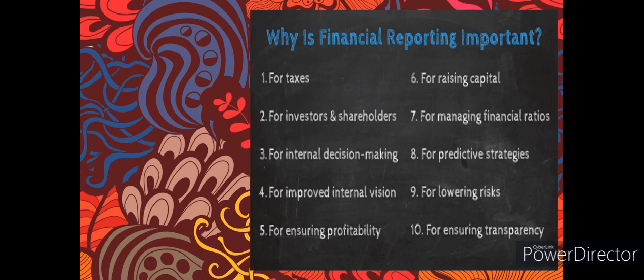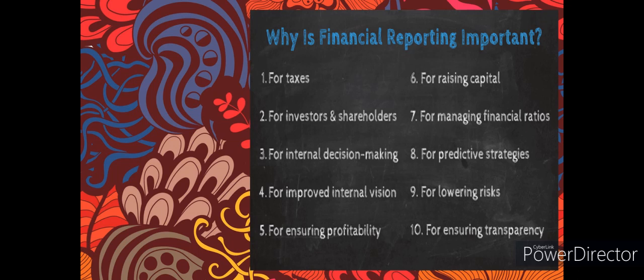If we are doing good, if our financial reporting is good, in that case we can predict strategies regarding future growth, that we can grow in other product lines and all. But if our financial position is not good, what should be the future strategies for the same? So everything depends upon the financial reporting, what exactly the information we have got from our financial statement.